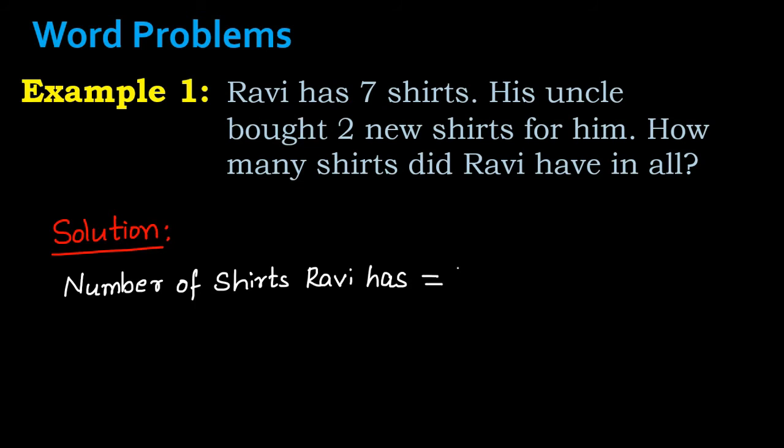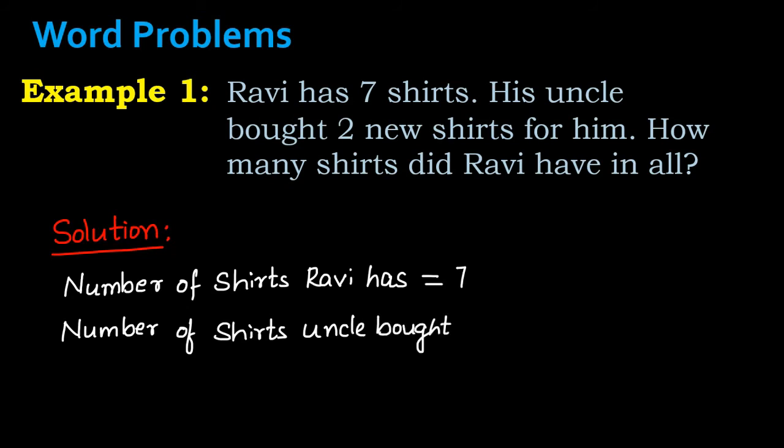Is equal to 7. Number of shirts uncle bought. Is equal to 2. Total number of shirts.